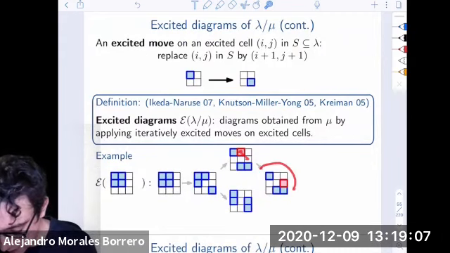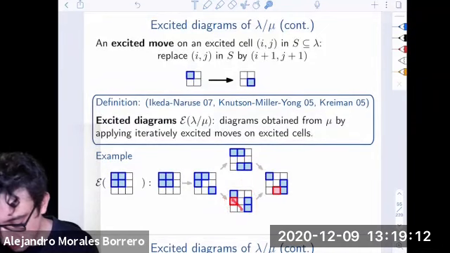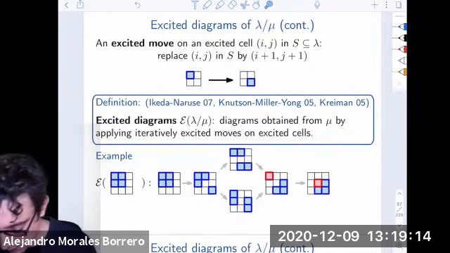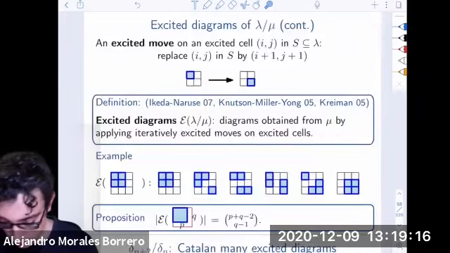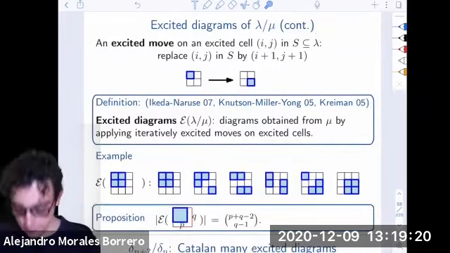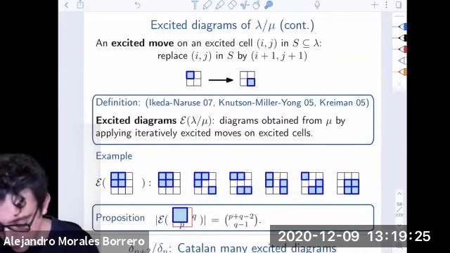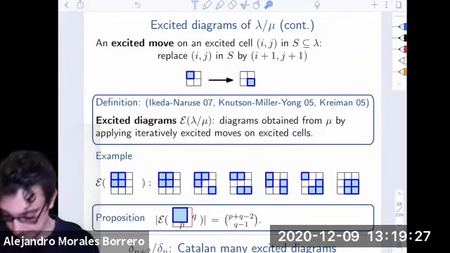If it moves down, you get this excited diagram, which is the same as you would obtain if you slide the other one, but you don't count it twice. Then this one can go down, so in total you get 6 excited diagrams. The number of excited diagrams of a reverse hook is given by this binomial coefficient.